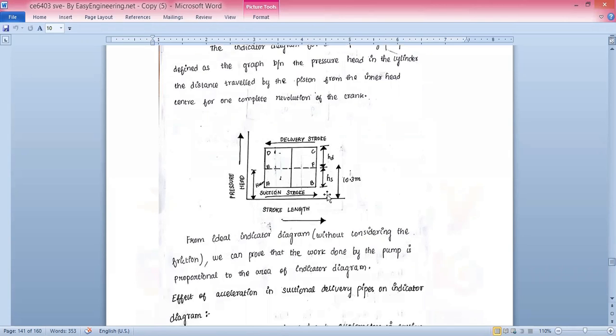This is repeated again, as the name suggests, reciprocating. After a complete cycle, everything is repeated once again.